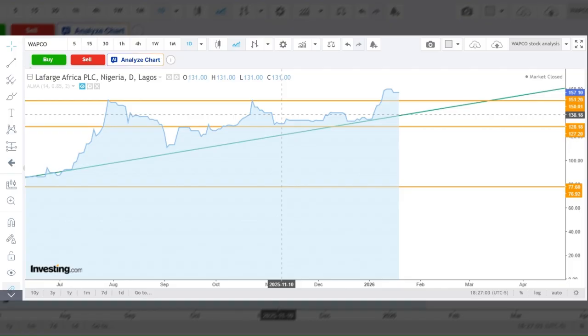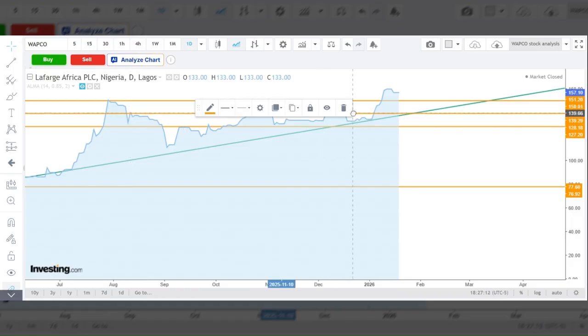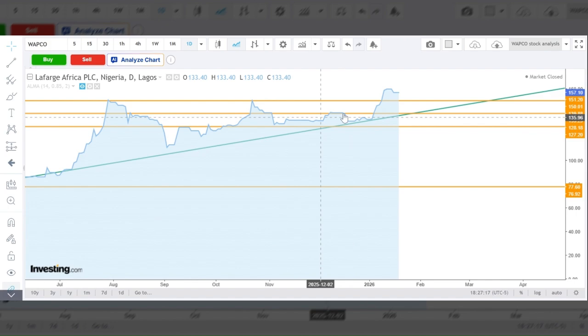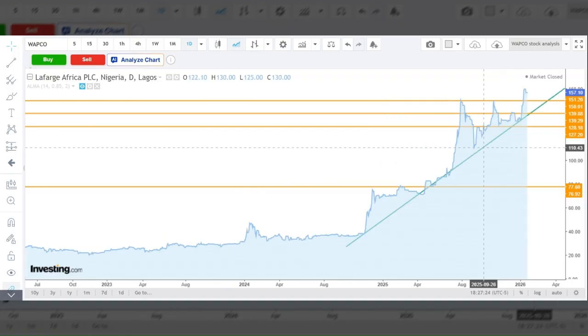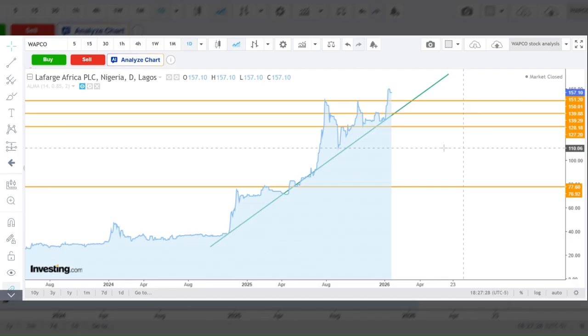So we'll put this one here. You can see this spot here, this place one, and then this spot here too, two. Okay, this is one, and this is two. So these are where we will draw our support and resistance line.